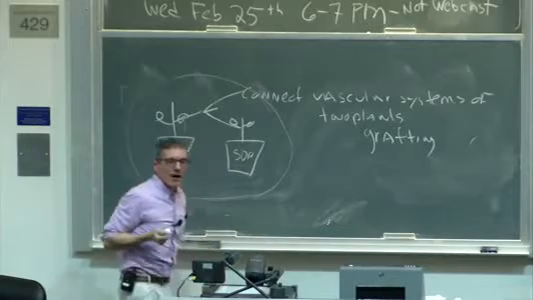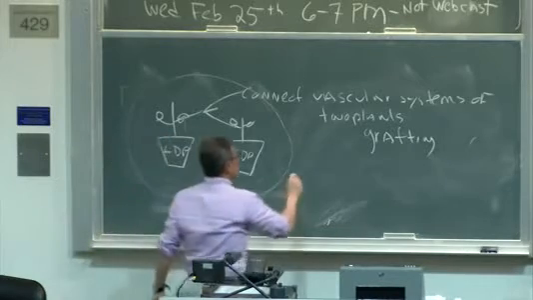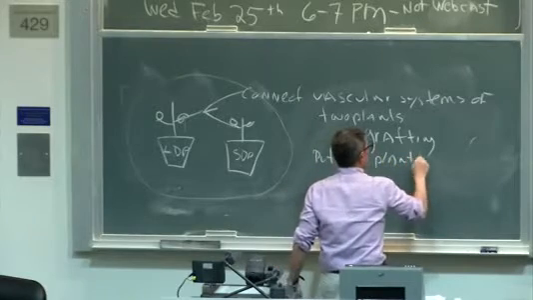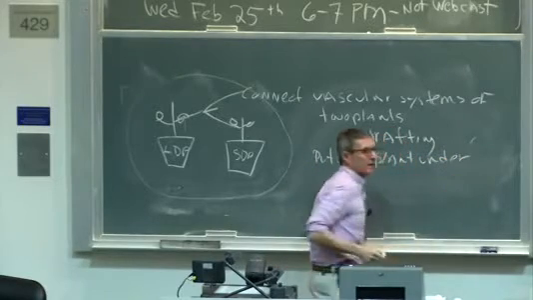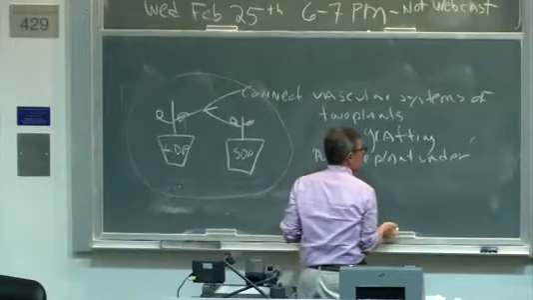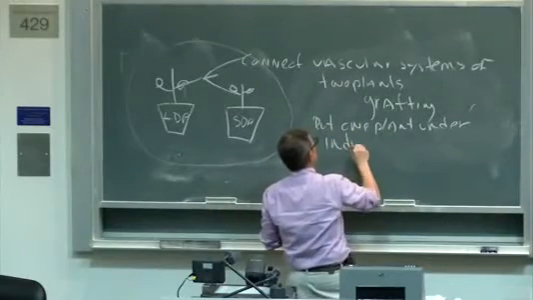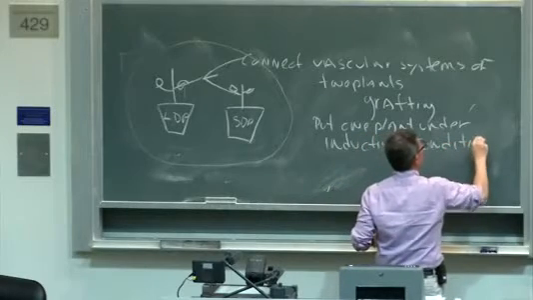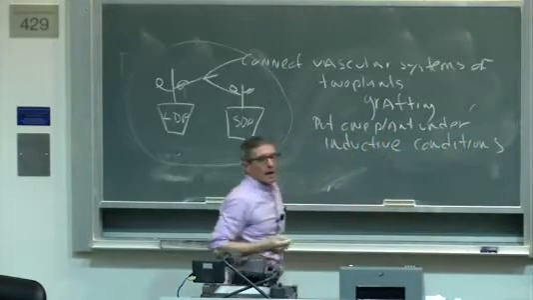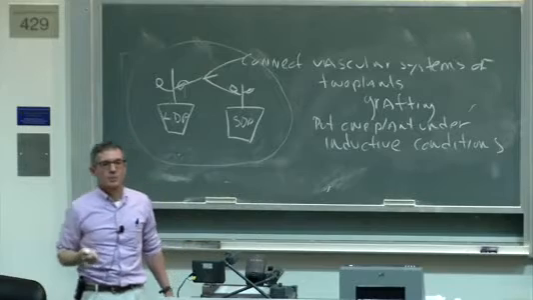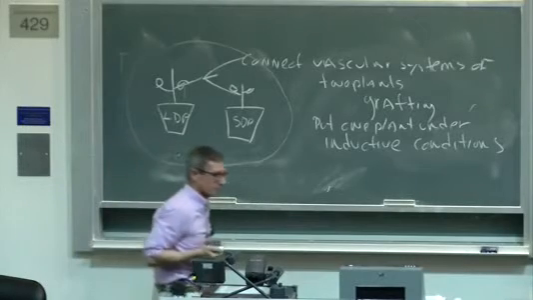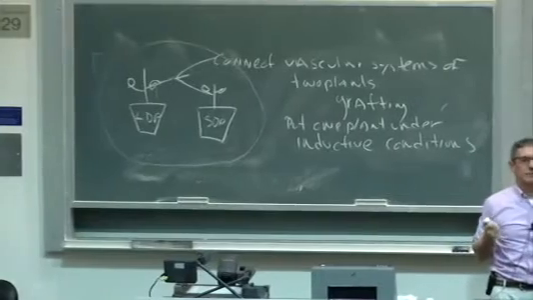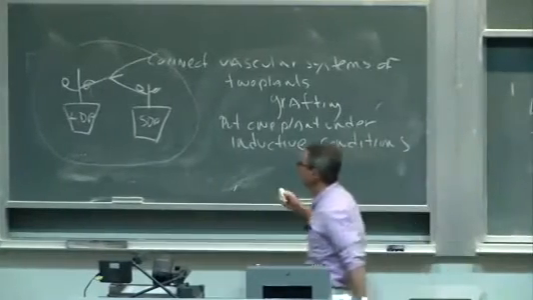When the vascular systems were connected, we put one plant under inductive conditions, so either the short day plant or the long day plant, and when this one plant was put under inductive conditions and grafted onto the second plant next to it, we found that both plants flowered.